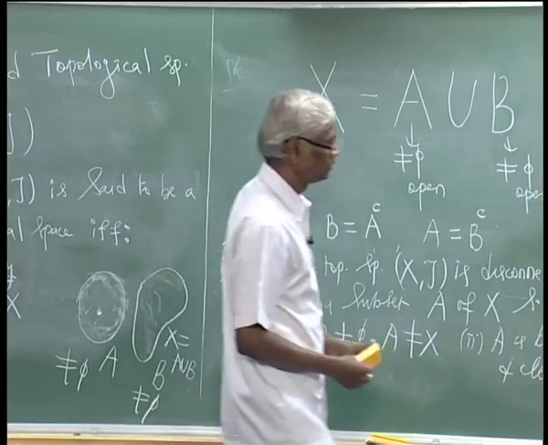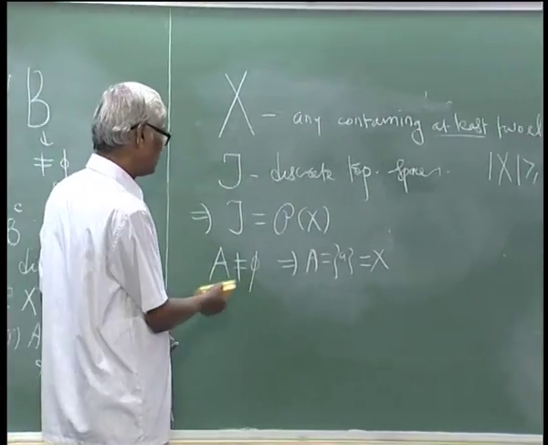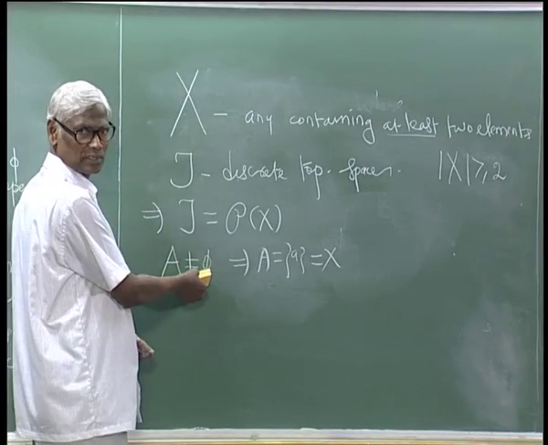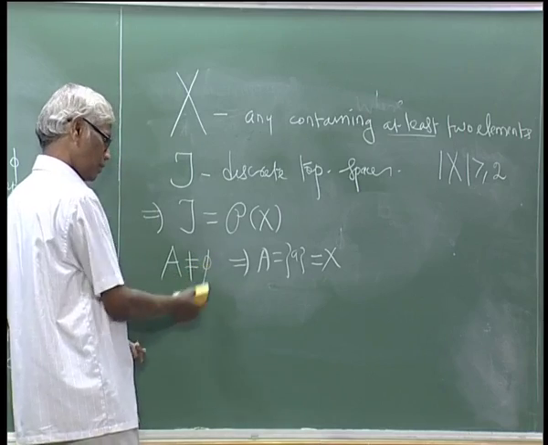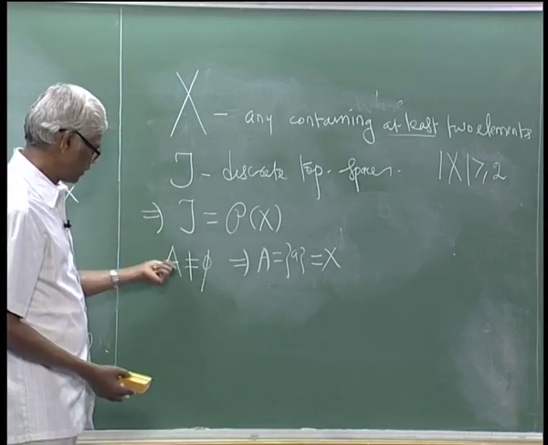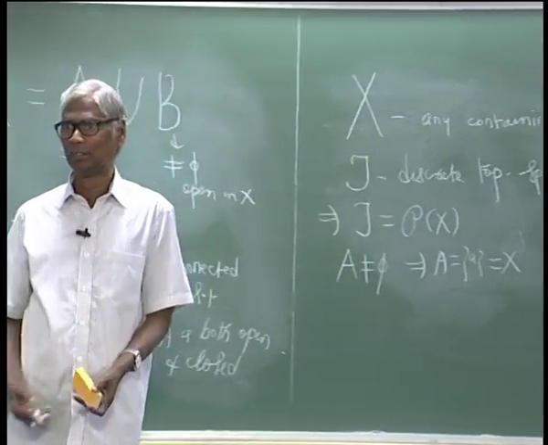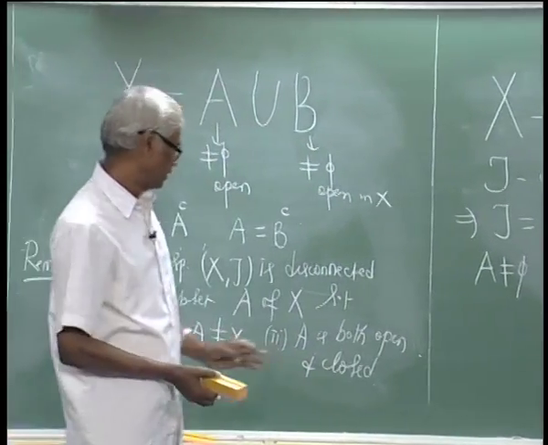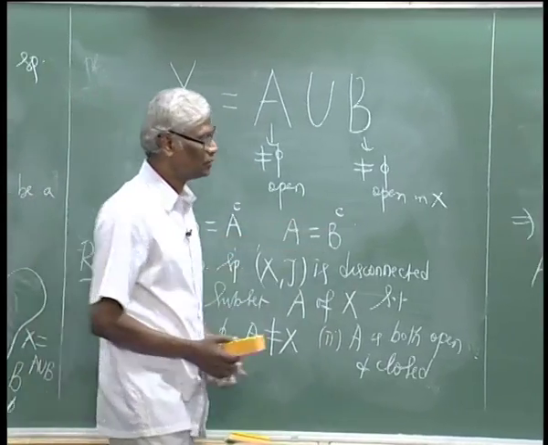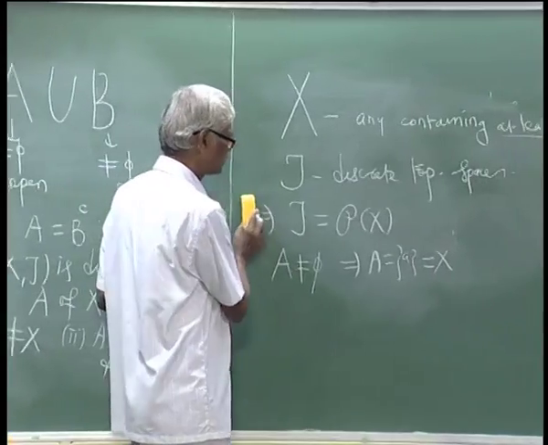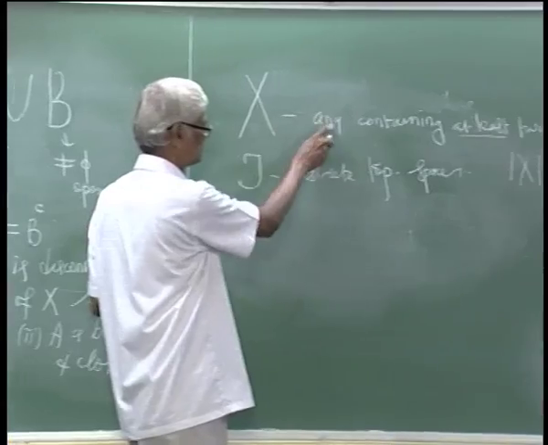And tau is the discrete topology. Now we can get a non-empty set A because X contains at least 2 elements. Even if we take A to be a singleton, then A complement will again be non-empty, not equal to X, which is both open and closed. Then such a topological space is disconnected.